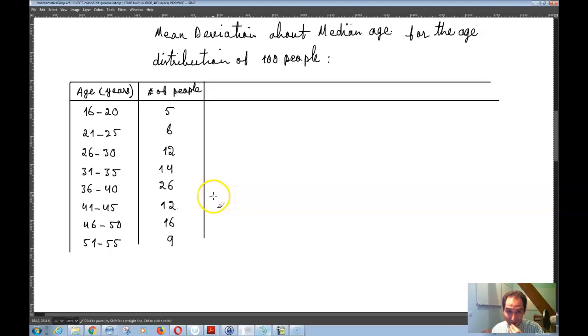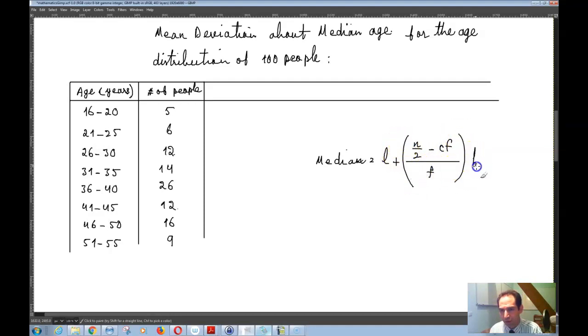Now, since you want to calculate the median, we had a formula for the median, which is equal to L plus (n divided by 2 minus CF) divided by f, times h, where h is your class size.